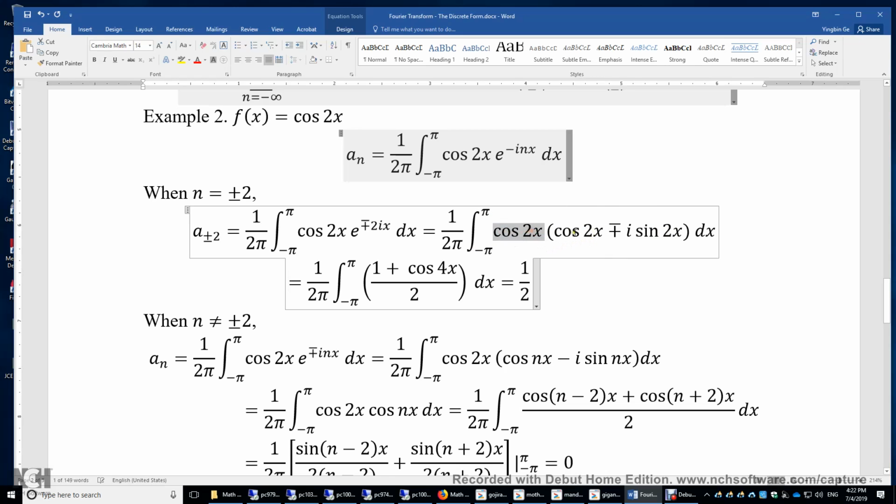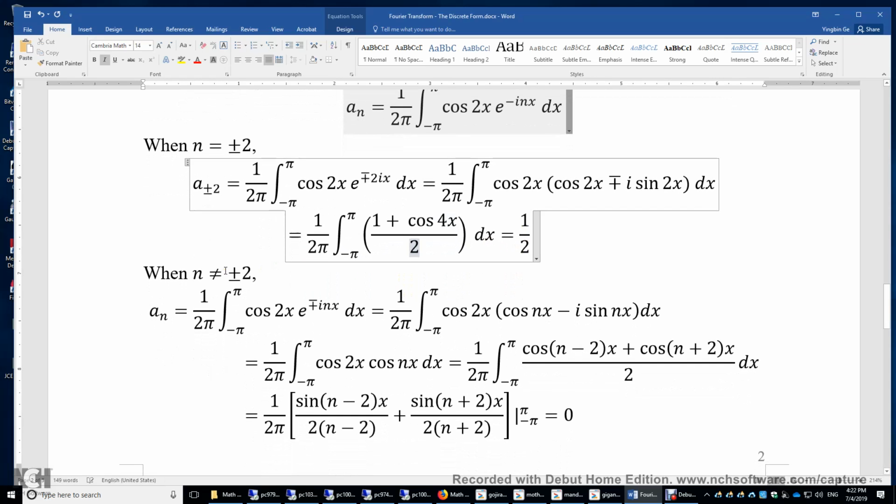And this cosine 2x squared is this. We'll prove this in a different video. And the integral of cosine 4x is sine 4x over 4. If we plug in negative pi and pi, the sine function is 0. Therefore, the result is simply 1 over 2 pi times 1 over 2 times 2 pi, which is just 1 over 2.